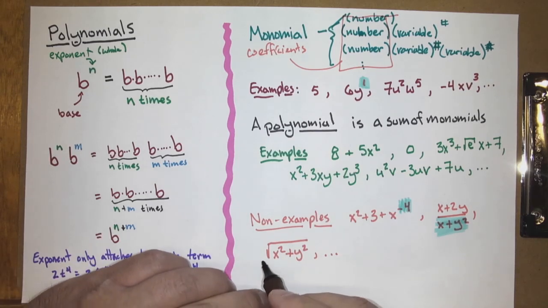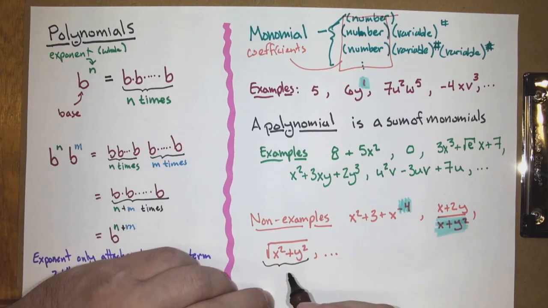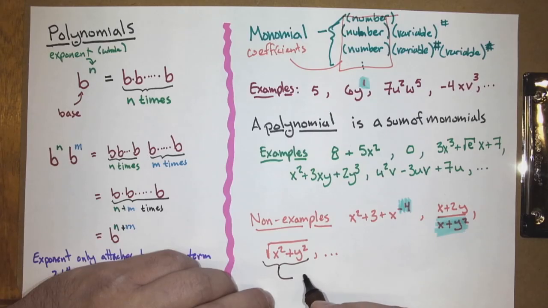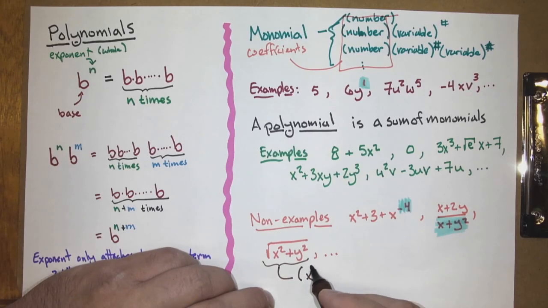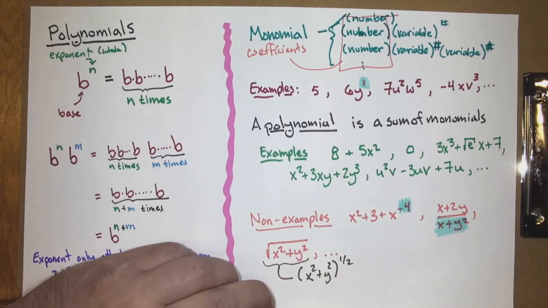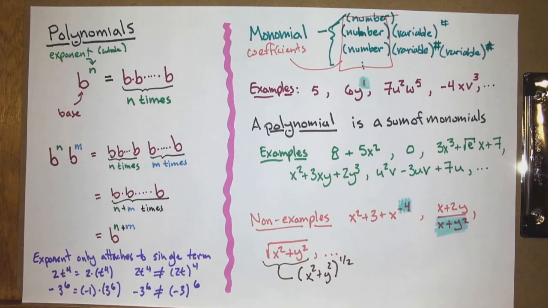Now, in case you're not familiar with the square root, what's another way you can write square root of something? Square root can be the same as to the 1/2 power. And now, what's our problem? The 1/2.